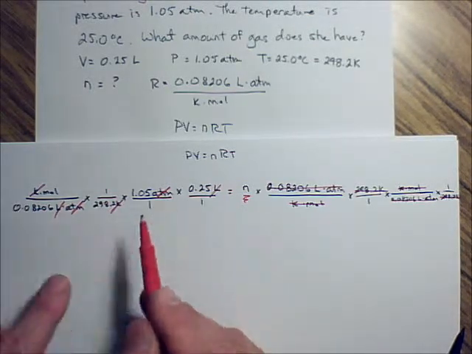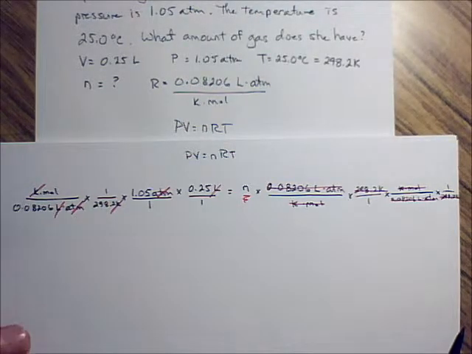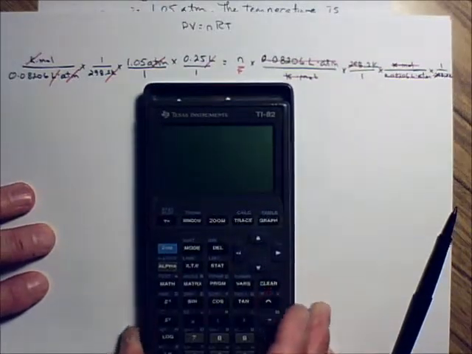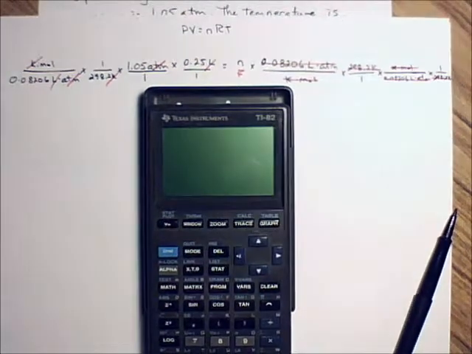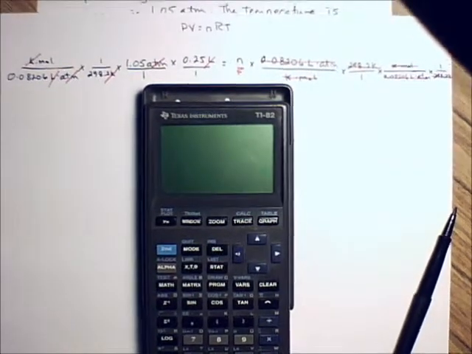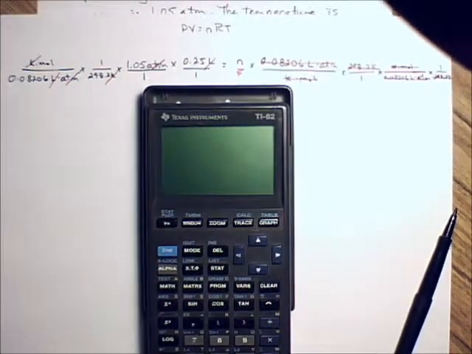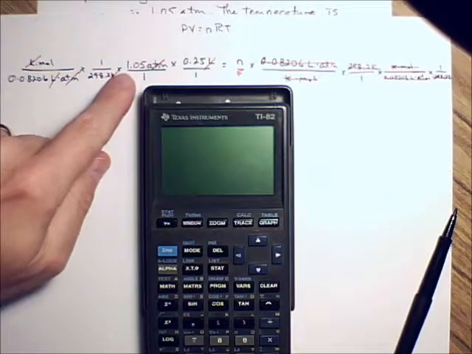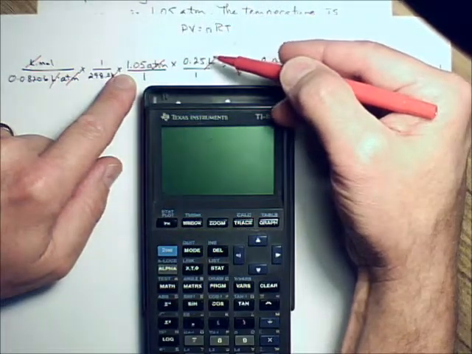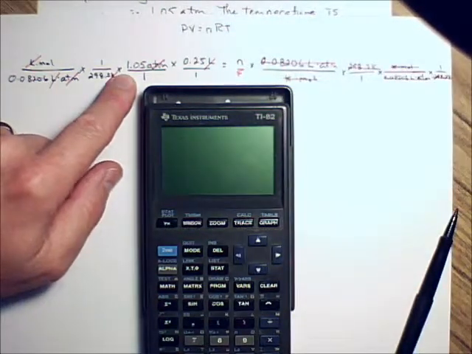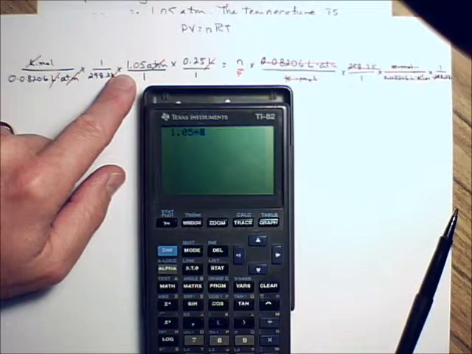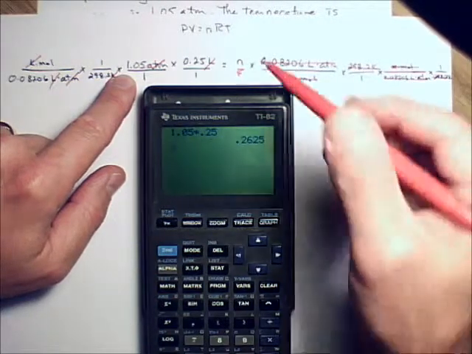Now I'm ready to plug the math into the calculator. I've got to turn it on first. 1.05 times 0.25, hit enter.